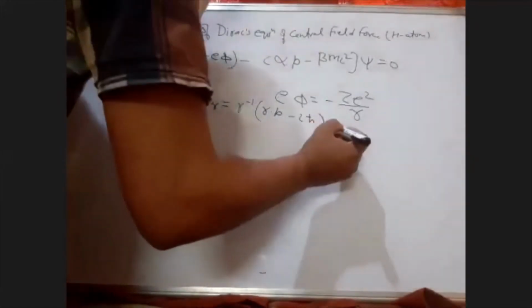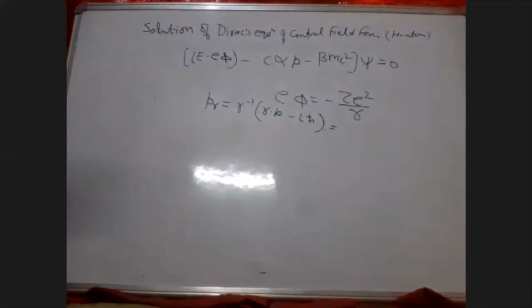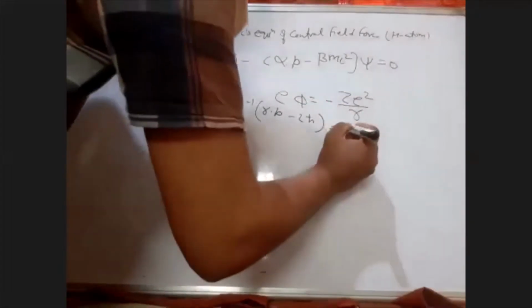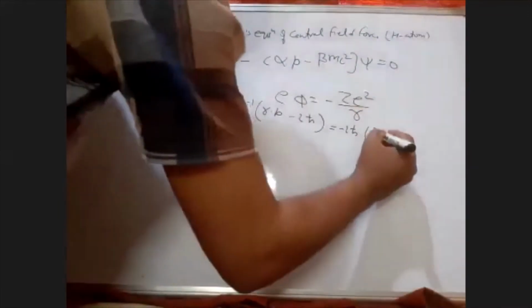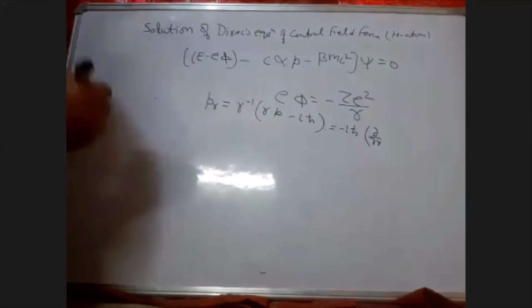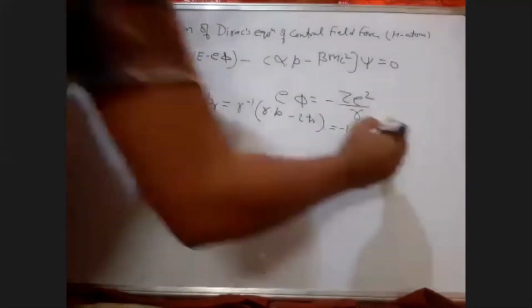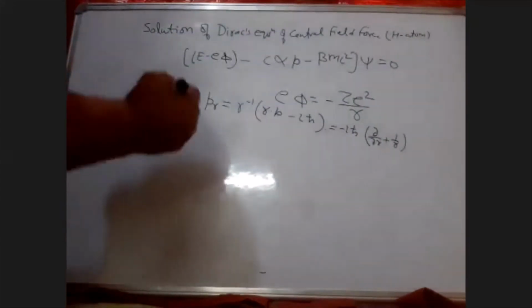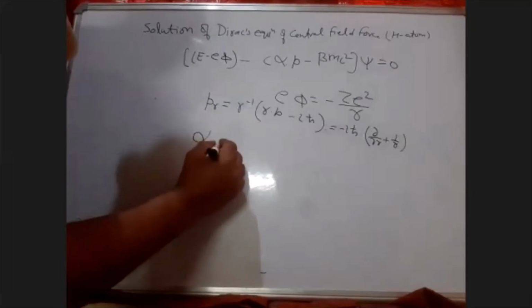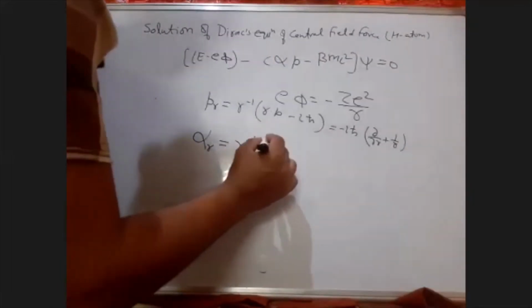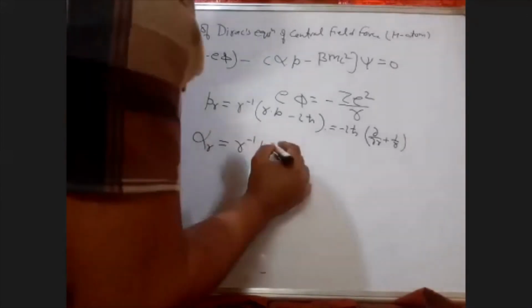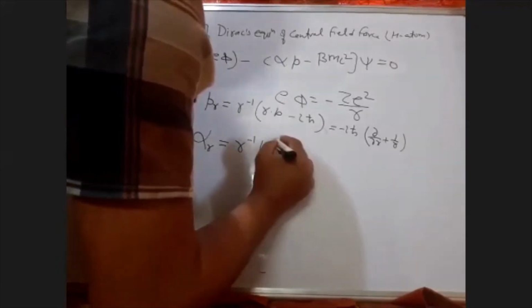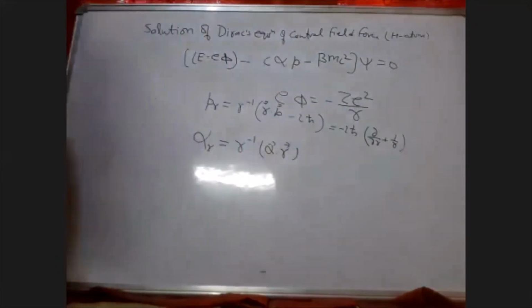In operator form, we can write minus i h cross del upon del r plus 1 upon r. Similarly, the velocity operator in radial direction, alpha_r, is equal to r inverse alpha dot r. These all are vectors.